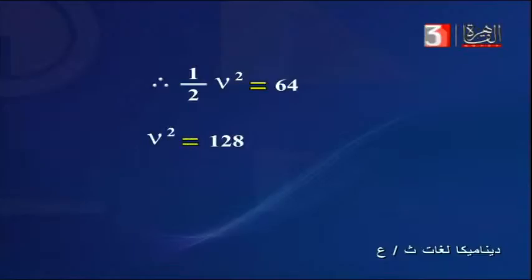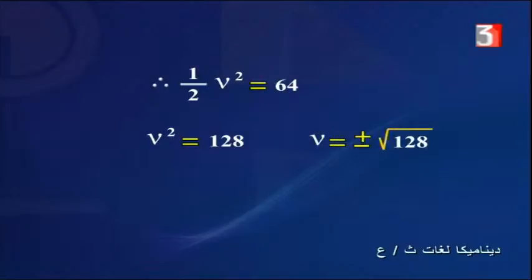Then v power 2 equals 2 times 64 equals 128, and the velocity equals positive or negative square root of 128, which equals positive or negative 8 root 2 meter per second.